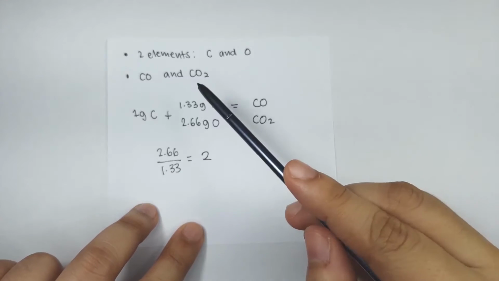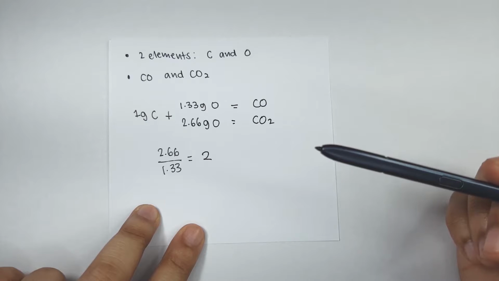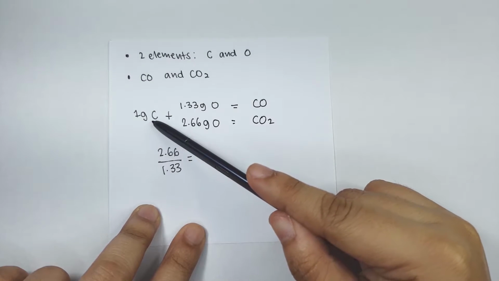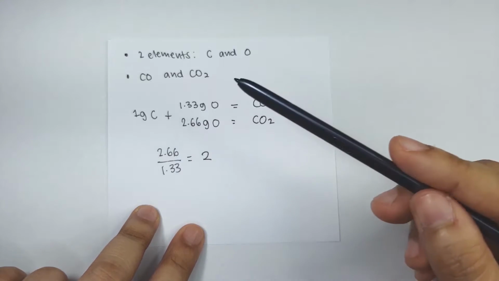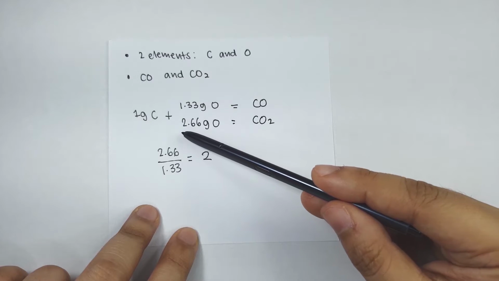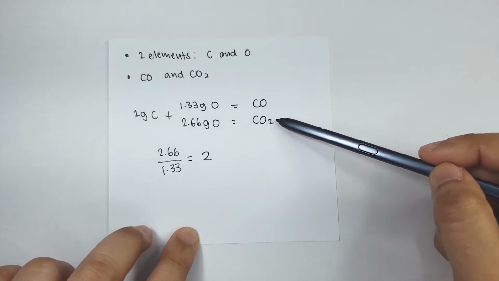Then you combine them to form carbon monoxide and carbon dioxide. And let's say your carbon is 1 gram. This means you need 1.33 grams of oxygen to form carbon monoxide. And on the other hand, you need 2.66 grams of oxygen to form carbon dioxide.